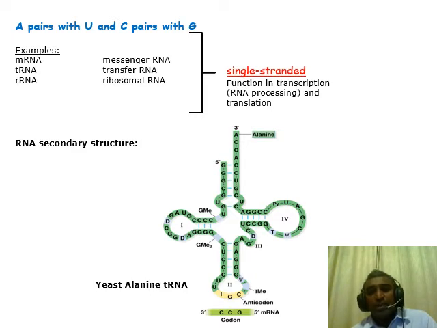In the middle there is shown the yeast alanine tRNA, and the mRNA at the bottom has this codon which complementarily binds to the anticodon found on the tRNA, and this brings about the amino acid within the tRNA to be built into a polypeptide.